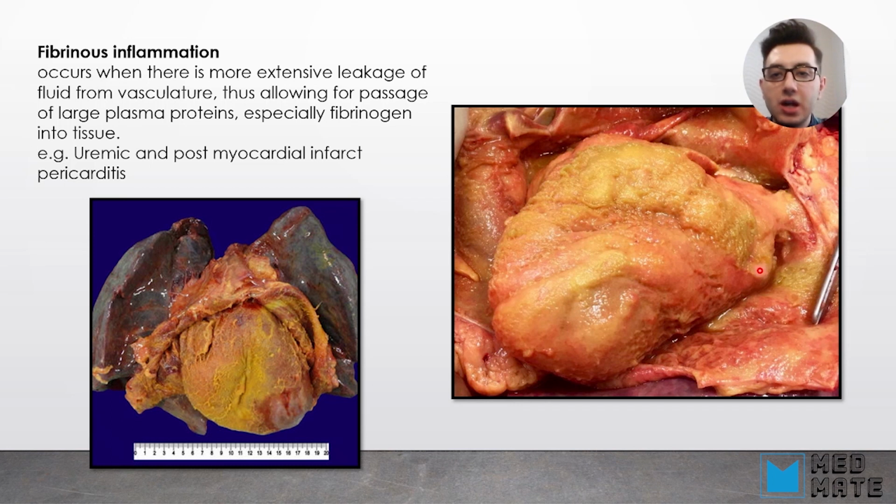And you can see here a myocardial infarct that has led to uremic and post-myocardial pericarditis, and you can see the formation of this fibrinous inflammation on the tissue of the heart. You can see how it looks, a very firm kind of appearance, and we have the fibrinous shape of this inflammation on the heart.